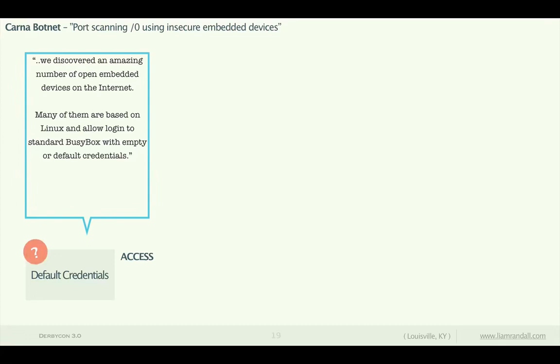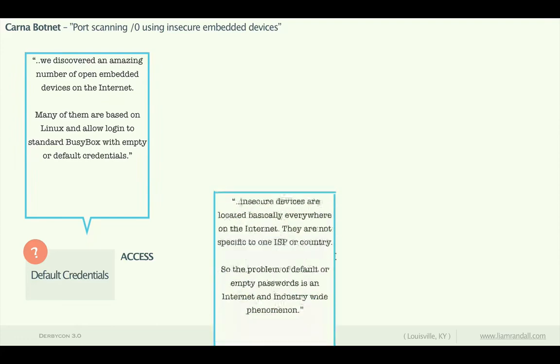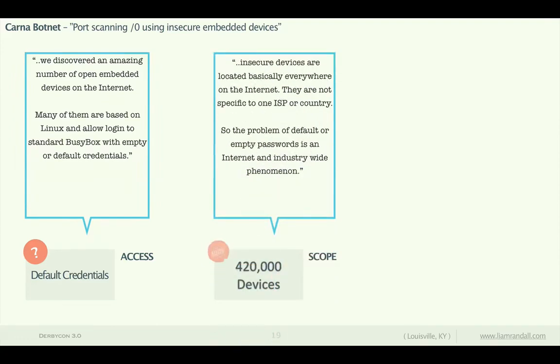So the first thing is access. How were they accessing these embedded devices? They note that they discovered an amazing number of open embedded devices on the internet. Many of them are based on Linux and allow logon to standard BusyBox with empty or default credentials. Insecure devices are basically located everywhere on the internet.